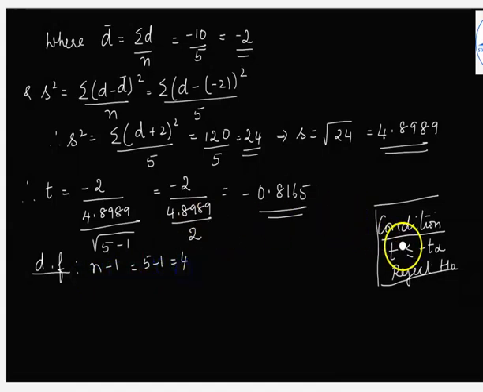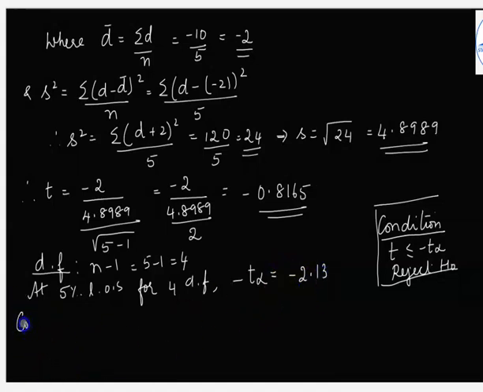We have the value of t. Now we need to find out what is minus t alpha. So at 5% level of significance for 4 degrees of freedom, minus t alpha is equal to minus 2.13. This you can obtain from the tables.